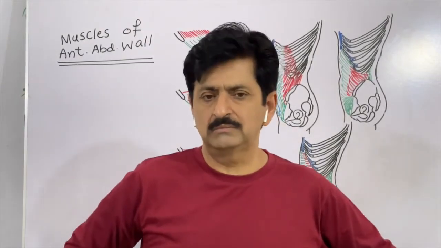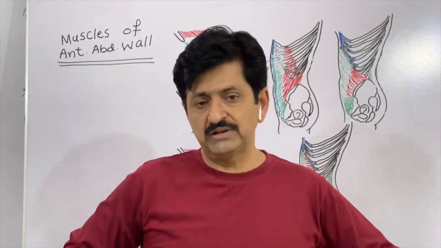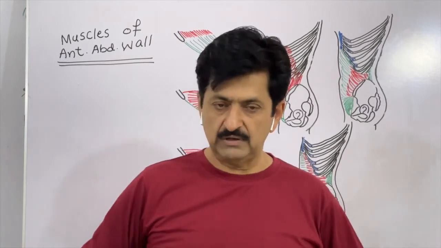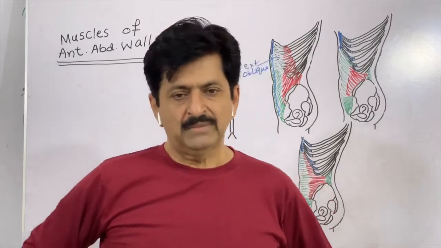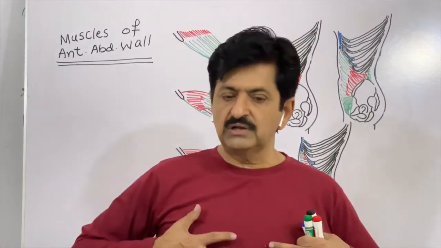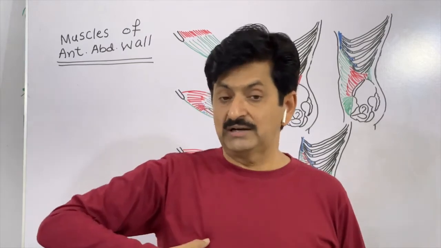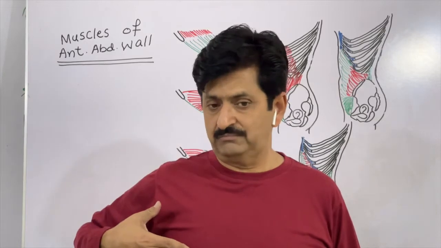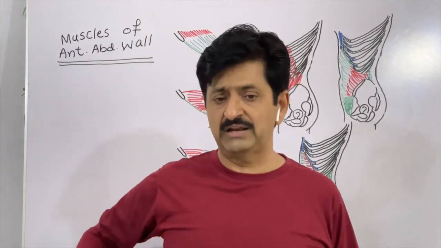Because the abdomen anteriorly and laterally does not have any bones, it will take attachment either from the thoracic cage or from the iliac crest, where there are bones. Looking at the outer surface of the ribs, how many ribs? The lower 8 ribs. That means the outer surface of rib number 5, 6, 7, 8, 9, 10, 11, and 12.